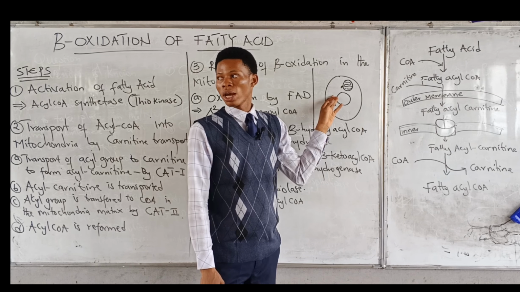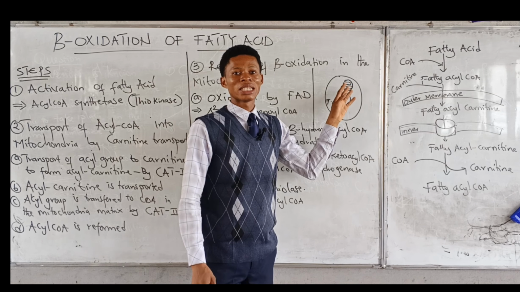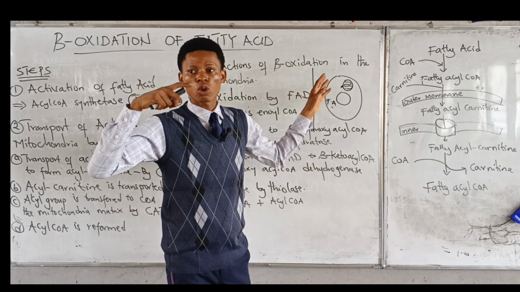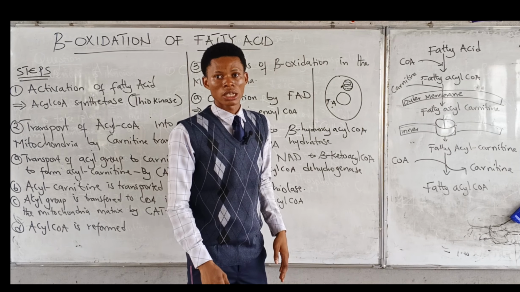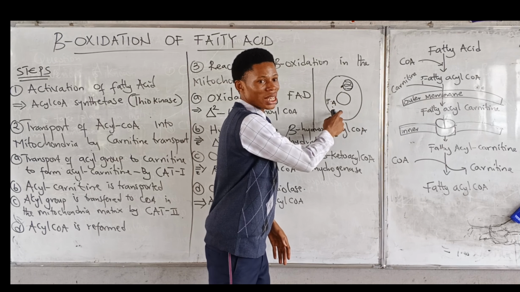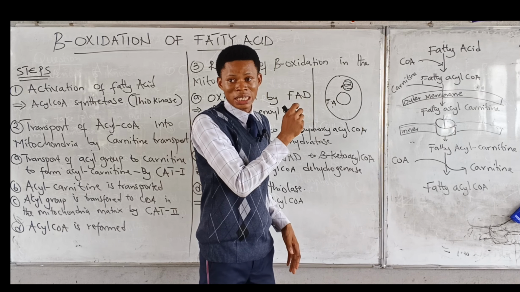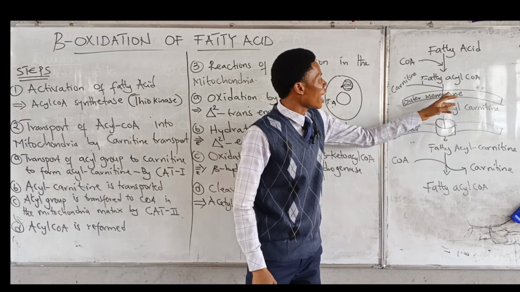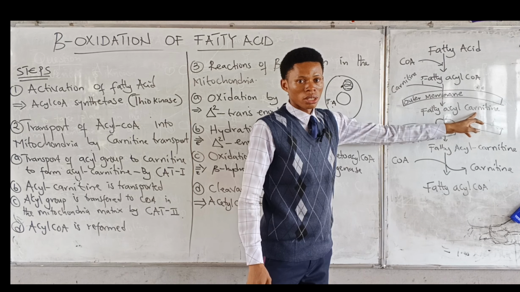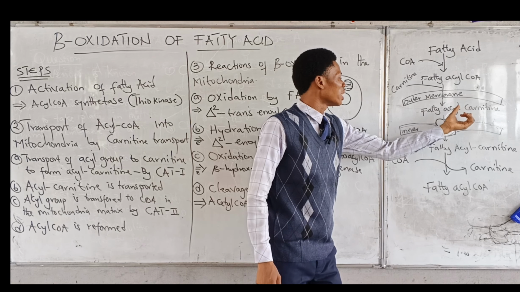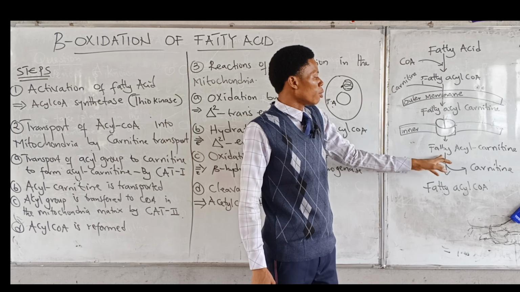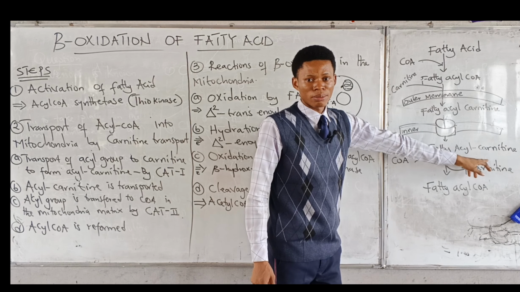But by the time it's binding to carnitine, the coenzyme A is not following it. The coenzyme A is left in the cytosol. So it is only the fatty acid group that attaches to carnitine to form what? Fatty acid carnitine. Now the fatty acid carnitine gets into the mitochondria.